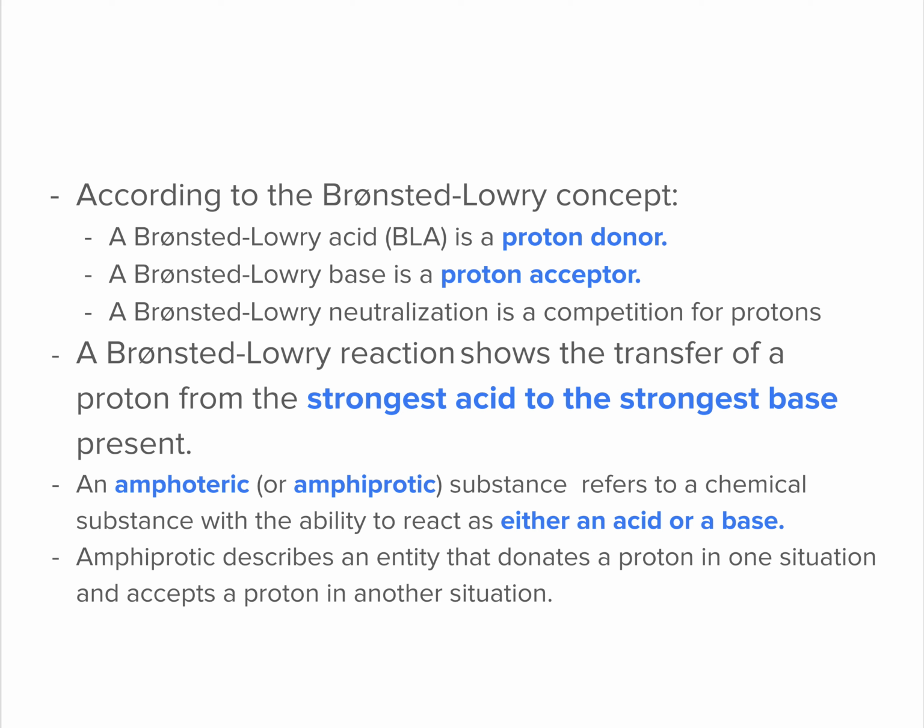Water is the most common amphiprotic substance. In some cases, it can act as a proton donor, giving away a proton, and in some cases, it can act as a proton acceptor, receiving a proton. So in one situation, it acts as a proton donor, and in another situation, it acts as a proton acceptor.